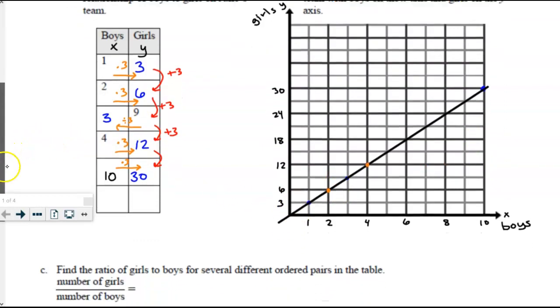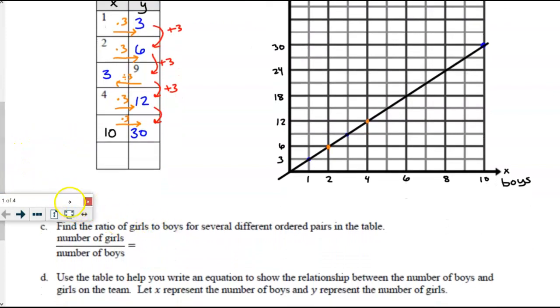Okay. Now we're ready for this. Find the ratio of girls to boys for 7 different ordered pairs in the table. So we've got all of these ordered pairs, these x comma y's, or the boys to the girls, and I want to find the ratio of the girls to the boys in various spots on the table. So I'm just going to go through the table. The number of girls is 3 for 1 boy.